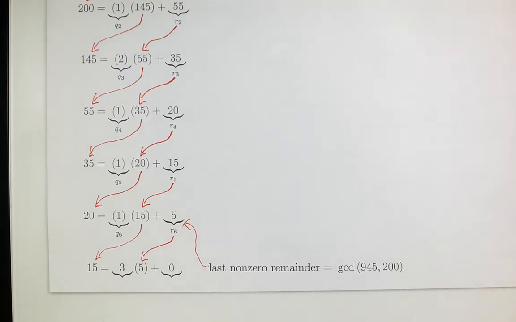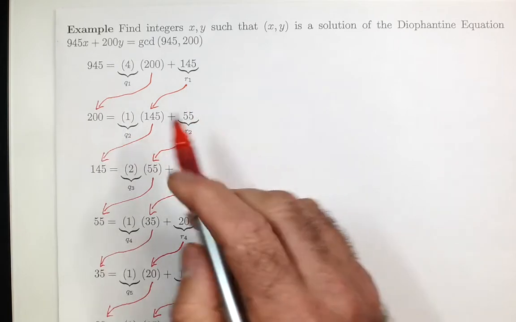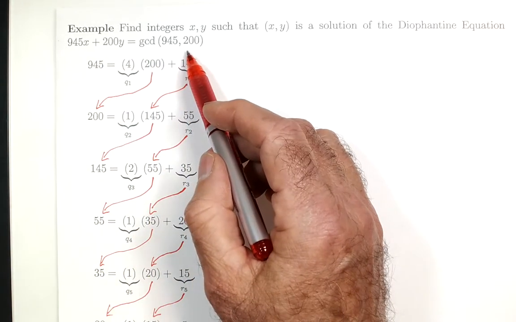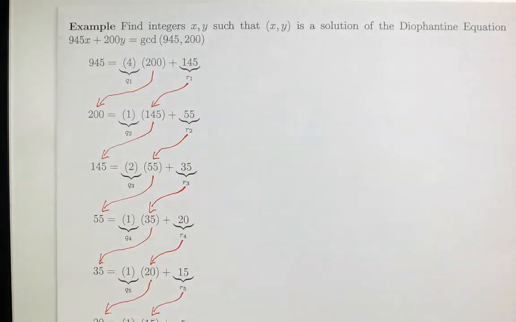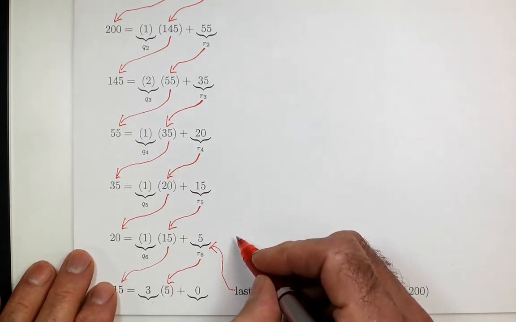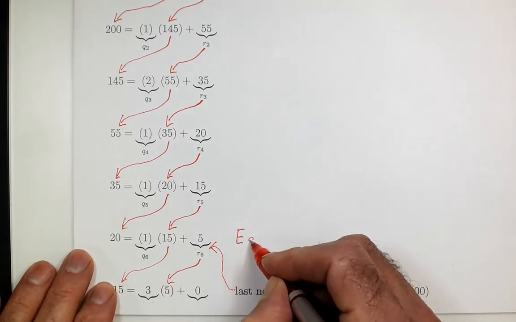Now, to find integers x and y such that ax plus by equals the greatest common divisor of a and b, we reverse the process. Specifically, we go to the equation that yields the last non-zero remainder, and we call it equation 1.